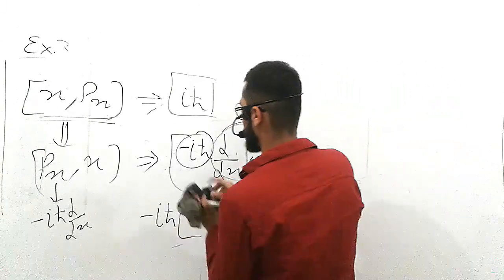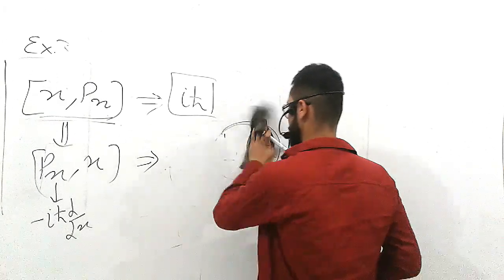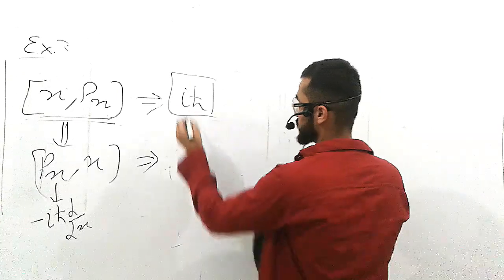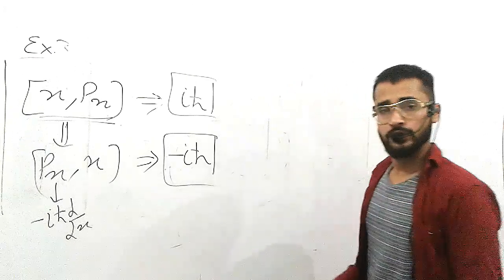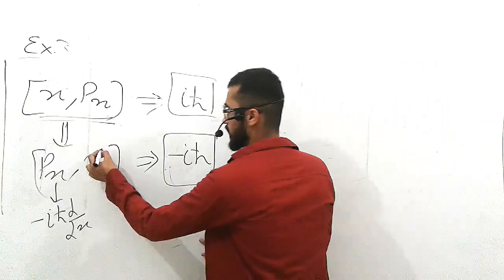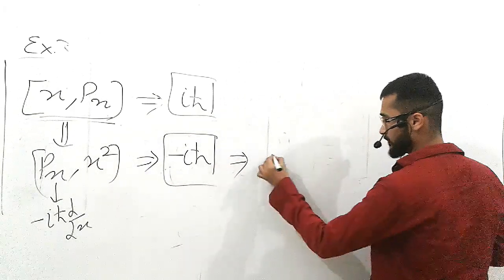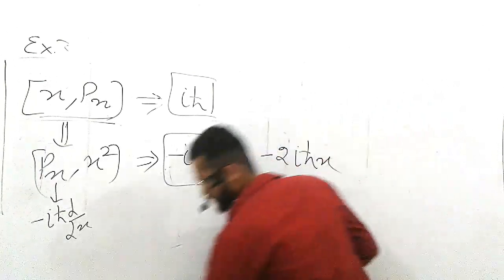So I will write the result of this operation as the opposite of this: minus iota h cross. So simply, if I increase the power, if I take x square, it will be minus 2 iota h cross x.